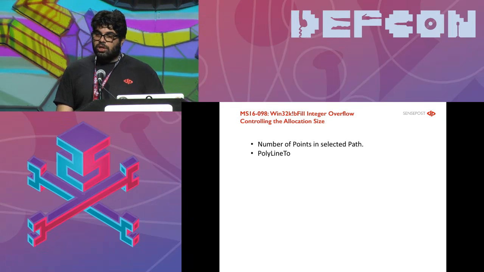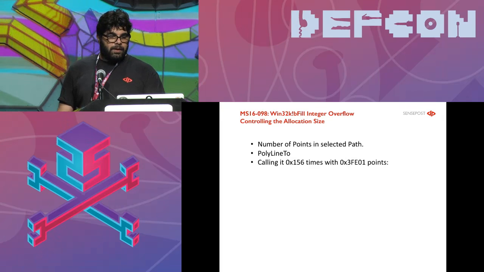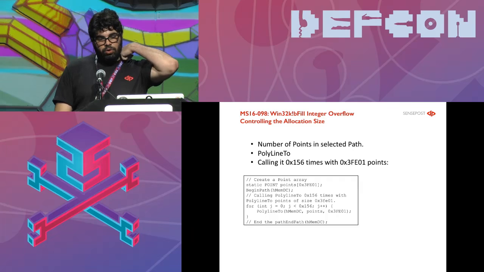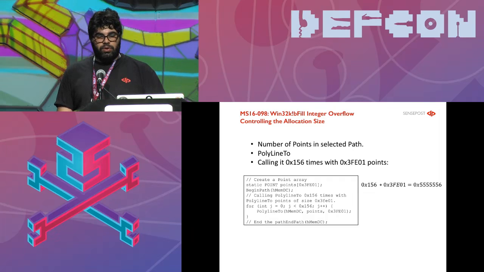So how can I control the number of points in a path? By using the user mode function PolyLine2 and supplying a point array. Calling this function 156 times with 3FE01 points will result in a controlled value being allocated in kernel memory. So if you multiply the 2 numbers, it will result in 555556.